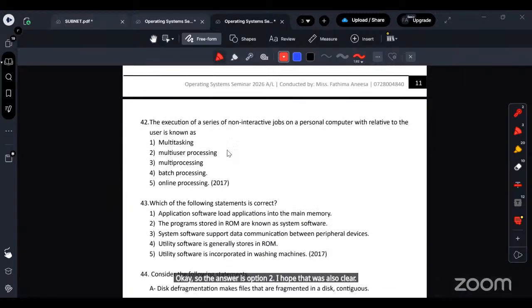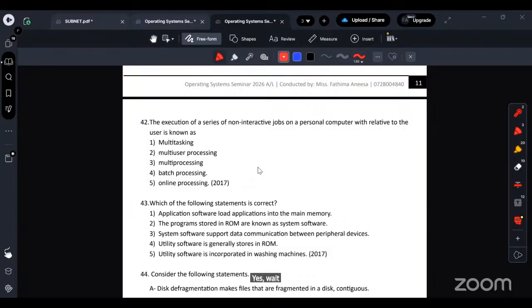Next, 2017 question. The execution of a series of non-interactive jobs on a... Okay, this is not an operating system topic, but try it. This can also come under Unit 1 as well.